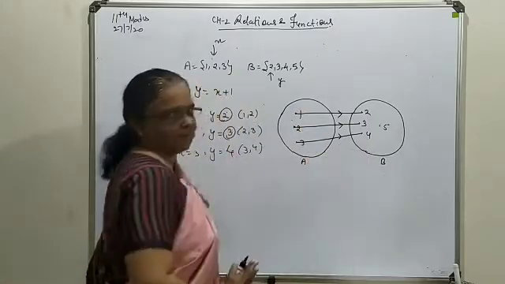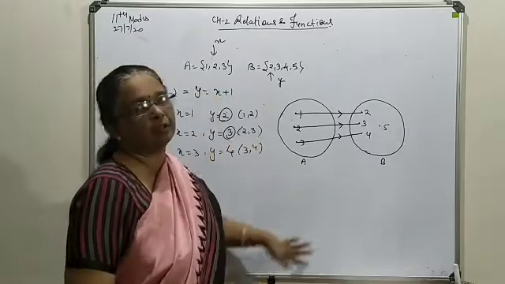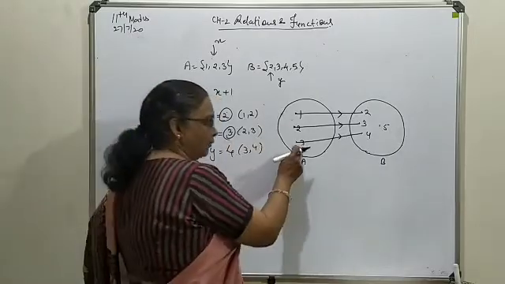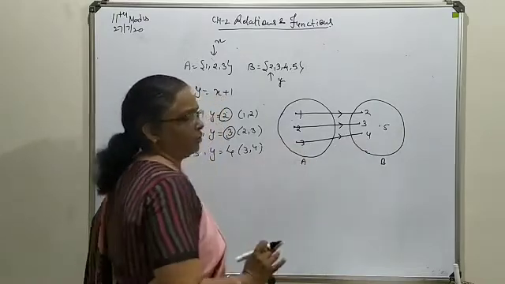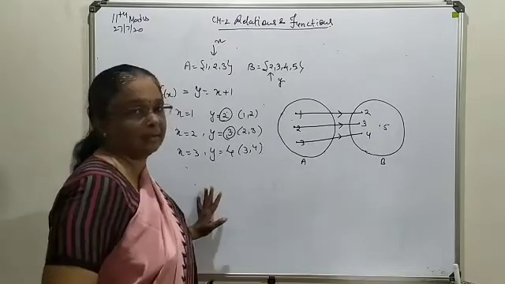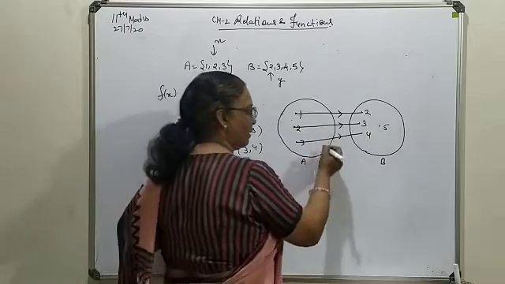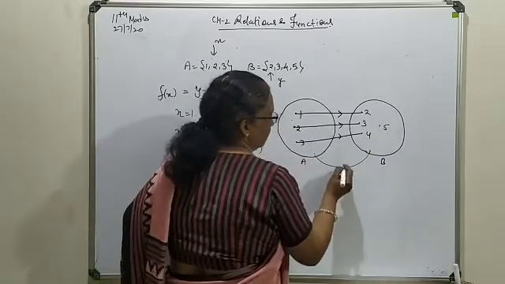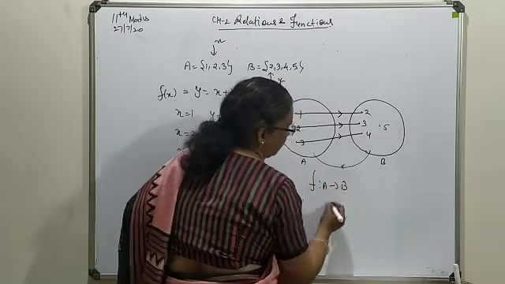If this criterion is satisfied, then you can say that the defined relation is a function. If any element remains as such, not taking part in the formation of an image, that will not be considered a function, it will remain a relation only. So this mapping is called a function from A to B.